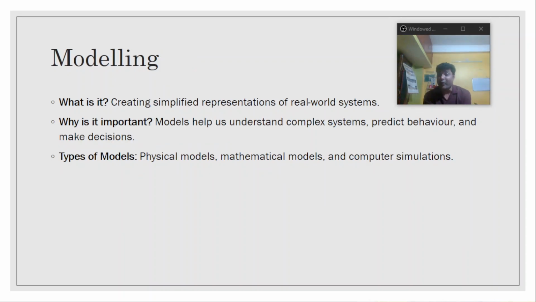Second one is modeling. What is it? Creating a simplified representation of a real world system. Why is it important? Models help us understand complex systems, predict behavior, and make decisions.